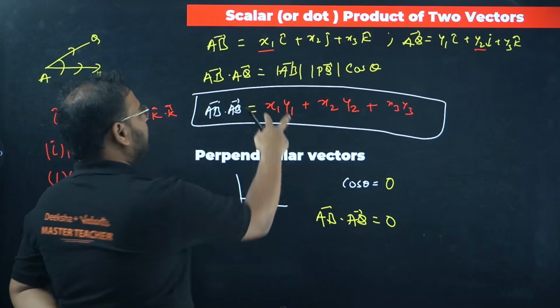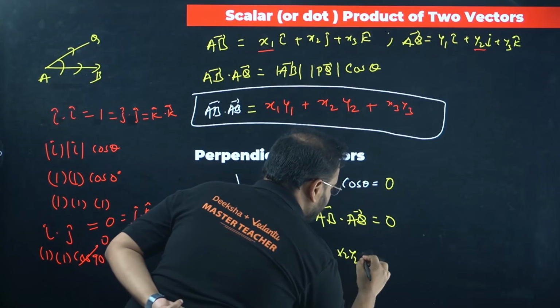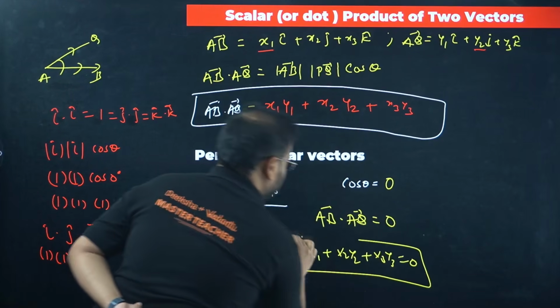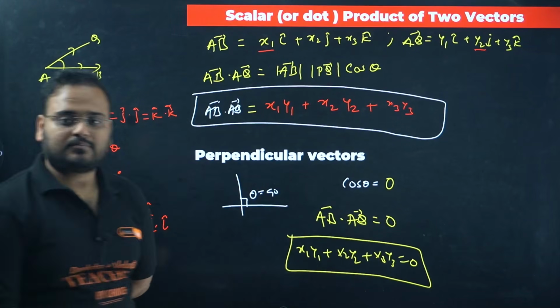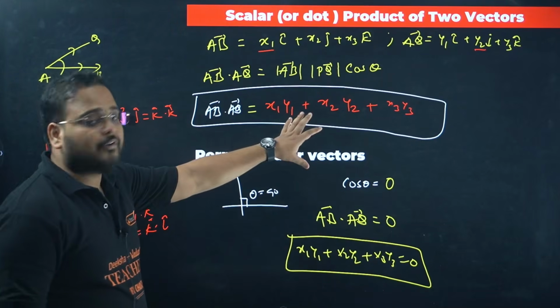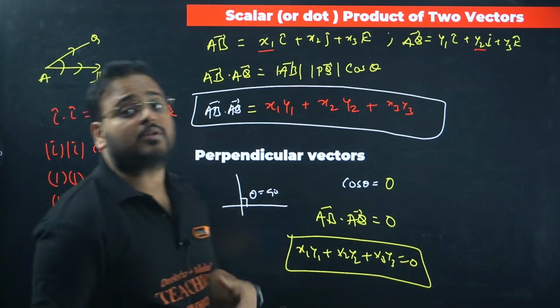If you want, you can reduce it to components also. So you'll have x1 y1 plus x2 y2 plus x3 y3 as 0. That's my result. Got it? This is the result of the scalar product, and this is how you get it, and this perpendicular vectors result we're going to use to solve questions also.